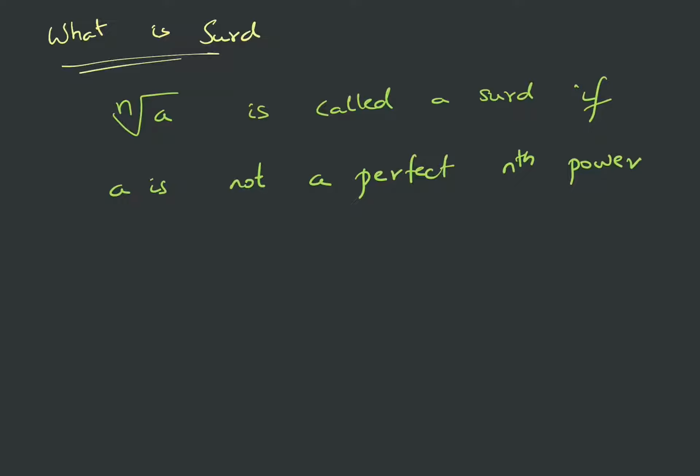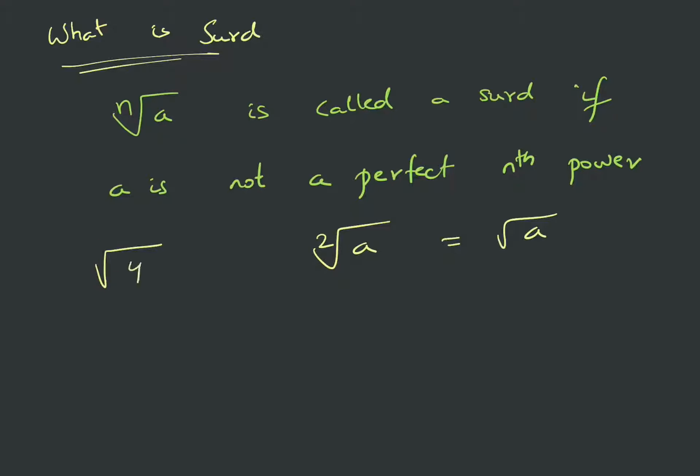For example, whenever we are writing square root of a, you can write this as root a. Root a and square root a are both the same, so we don't need to write this 2. So this 2 is optional, but for other roots, that is cube root, fourth root, you must write this 3 or 4.